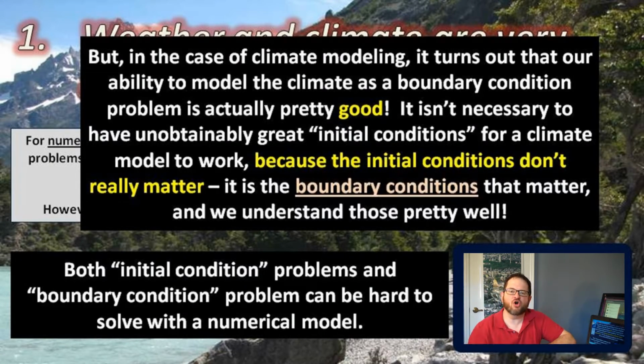I don't have to know that the amount of carbon dioxide in the atmosphere is going to hit 600 parts per million versus 610 versus 590. That's not important. Whether I run the climate model with 590, 600 or 610 parts per million carbon dioxide, I get basically the same answer.